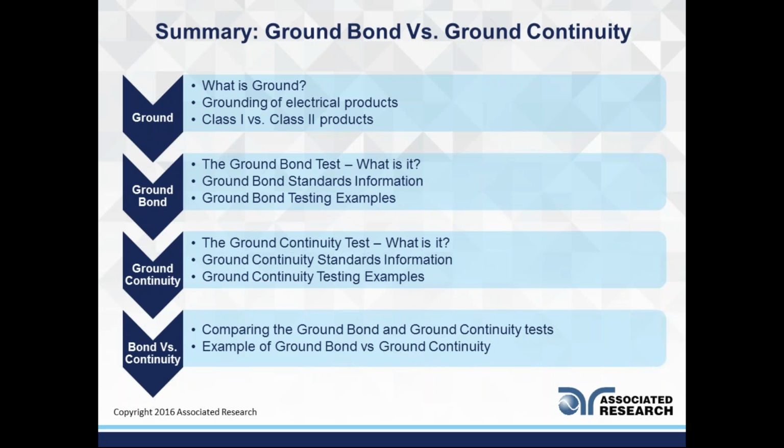There are different terminologies that refer to ground as different terms, so it's important to identify how it's called out in your standard and how it's called out in our instruments. Our instruments will say ground bond test. It won't say protective earth circuit. We identified class 1 versus class 2 products, compared and contrasted ground bond versus ground continuity, and we showed some examples.